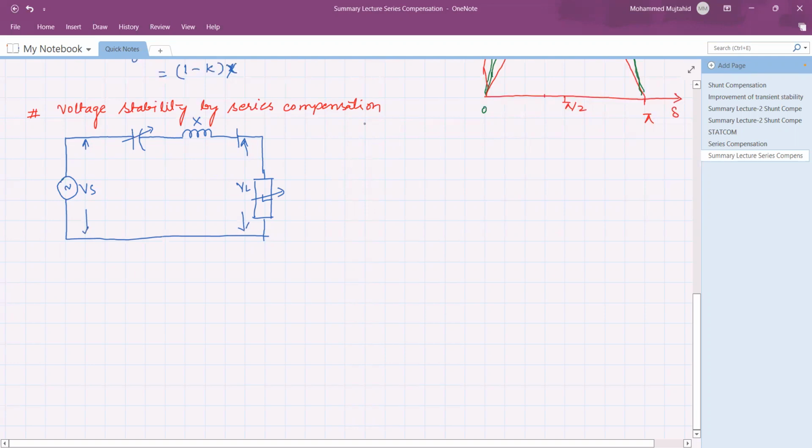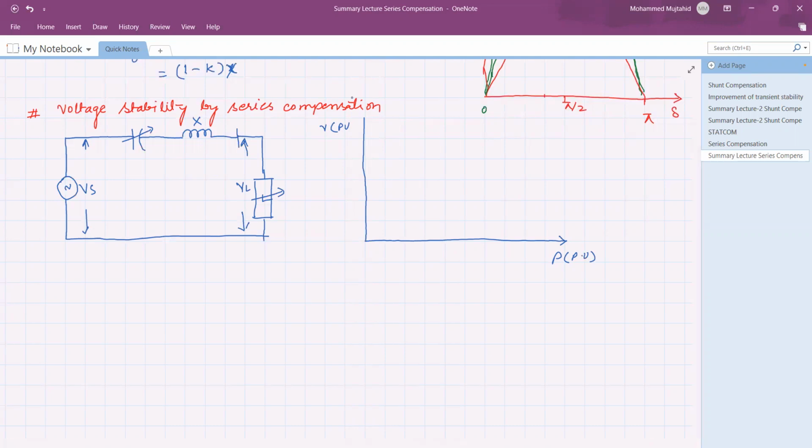So from this one, it is found that the relation between voltage and power, this is the power P, in percentage or in PU, and similarly the voltage is also in PU, and it says that the voltage decreases without any compensation.